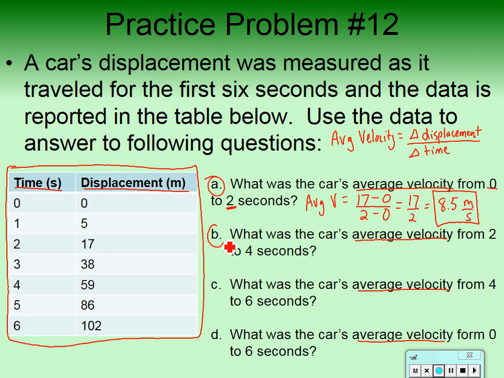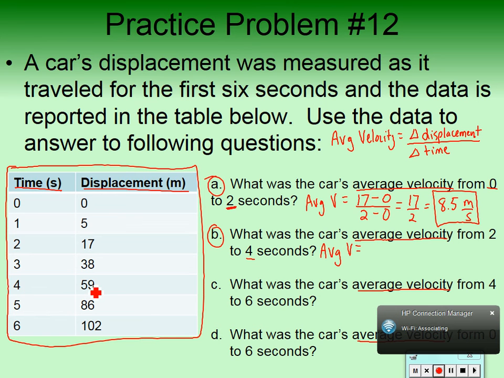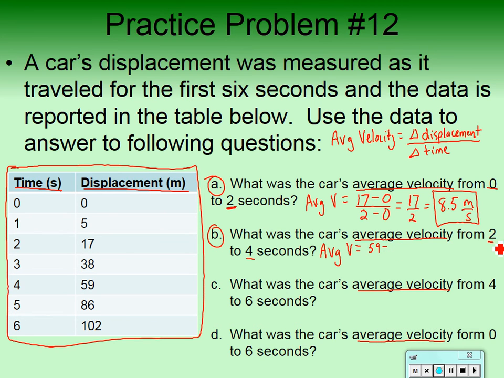Okay, let's go to part B and see how this continues. It says, what was the car's average velocity from 2 to 4 seconds? So again, I'm going to put average velocity is equal to, now its final displacement is going to occur at 4 seconds here. That's the final displacement. So at 4 seconds, it was at 59 meters. So I'm going to go 59, subtract the initial displacement, which would have occurred at 2 seconds.